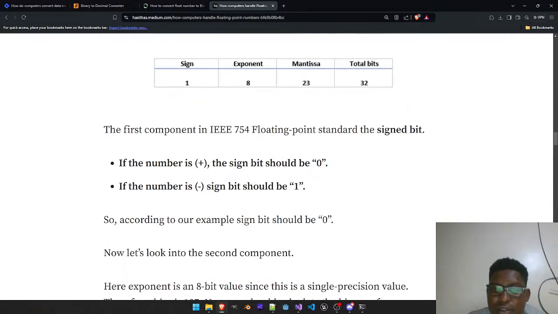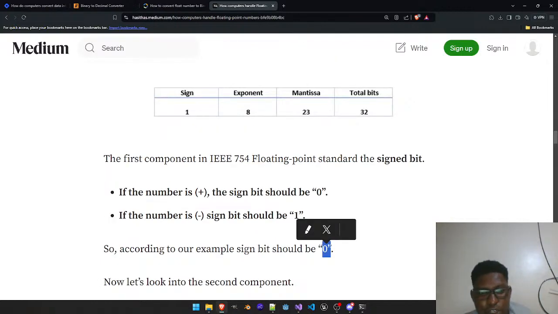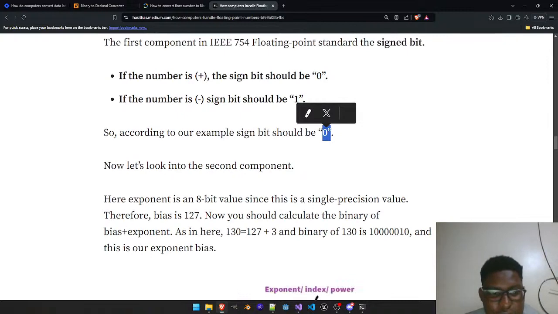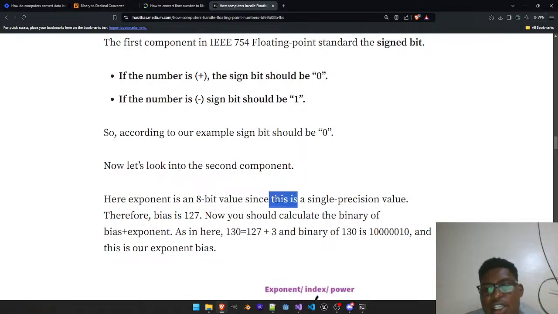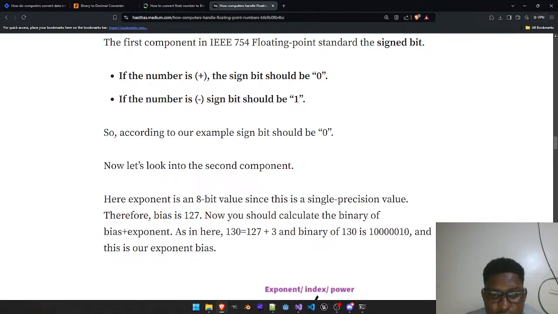Oh, I guess we got that wrong. So according to our example, the sign bit should be 0. So 0 represents positive and 1 represents negative. That's good to know. Then here, the exponent is an 8-bit value. Since this is a single precision value, the bias is 127.